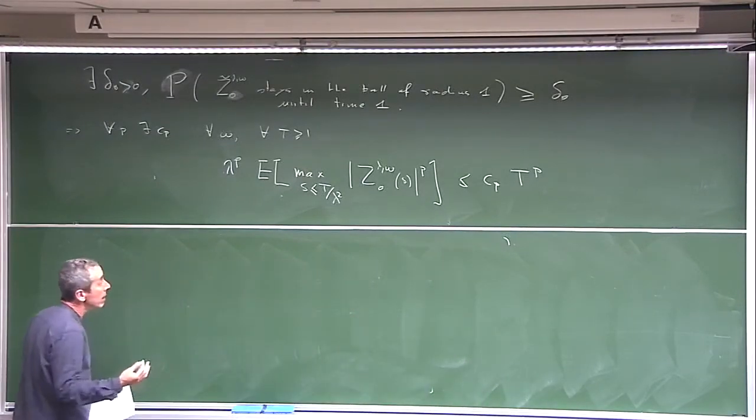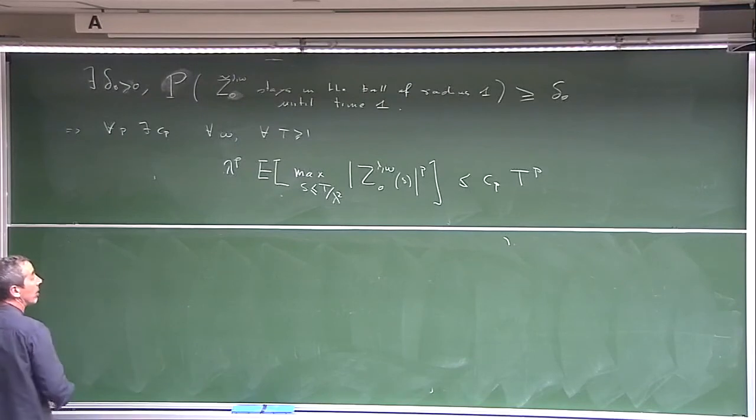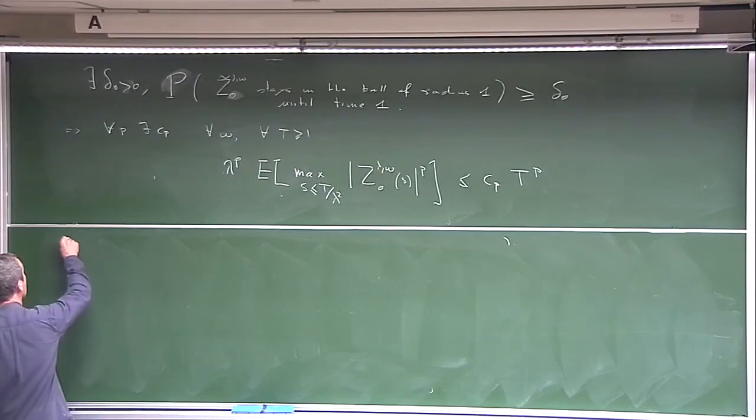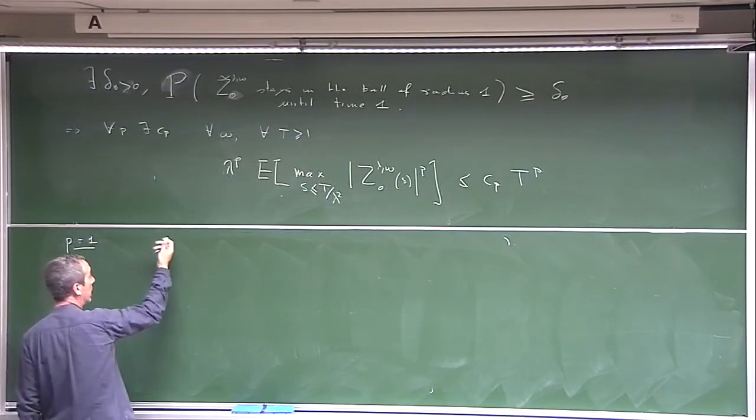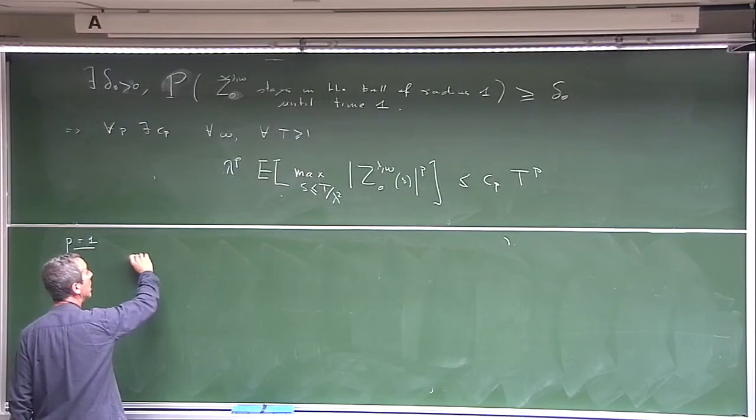And so you see that this contains, in particular, the conclusion of the theorem, because you can take the case p equals 1, and what we were interested in is the steady state.